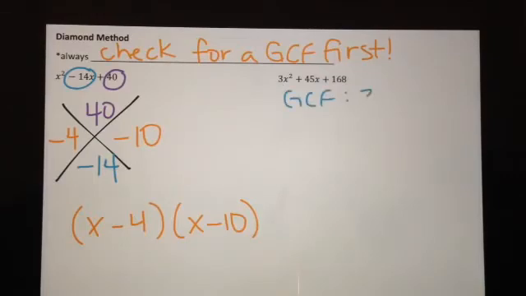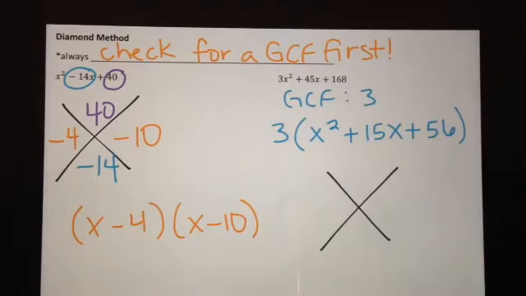The GCF is 3. So to start, I'm going to take out the 3. So 3x squared divided by 3 is just plain old x squared. 45x divided by 3 is 15x, and 168 divided by 3 is 56. So again, I'm going to set up the diamond. I'm looking for something that multiplies to 56 and adds to 15.